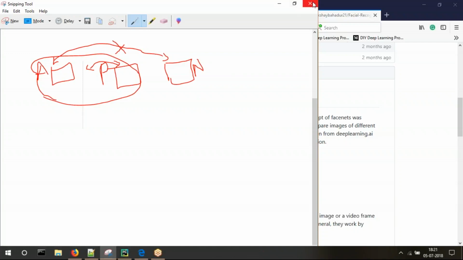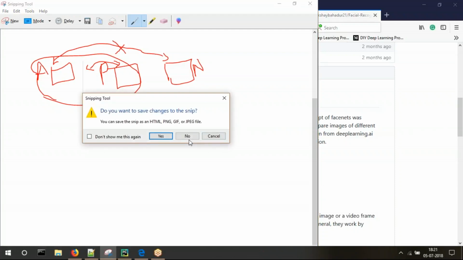So this is the crux of the algorithm, because we have defined a different loss function on the whole for this particular problem.